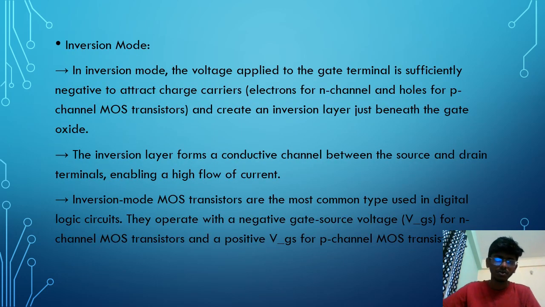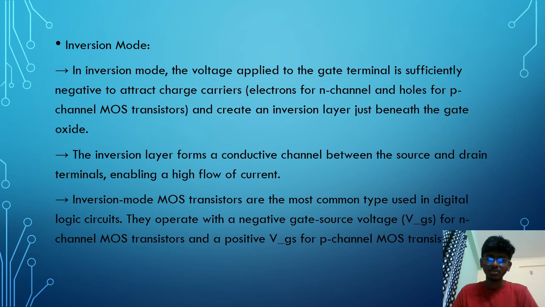Coming to the inversion mode. In inversion mode, the voltage applied to the gate terminal is sufficiently strong to attract charge carriers, electrons for N-type and holes for P-type. P-channel MOS transistors create an inversion layer just beneath the gate oxide. The inversion layer forms a conductive channel between the source and drain terminals, establishing a high flow of current.